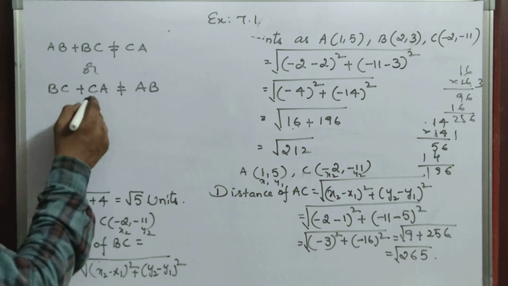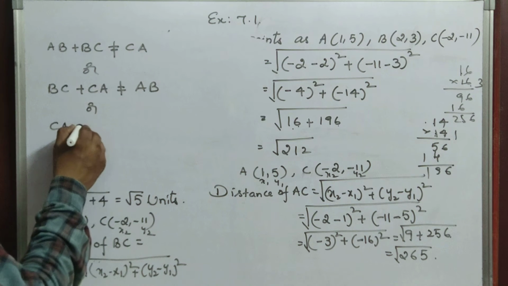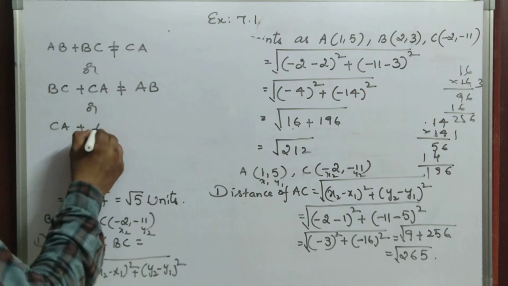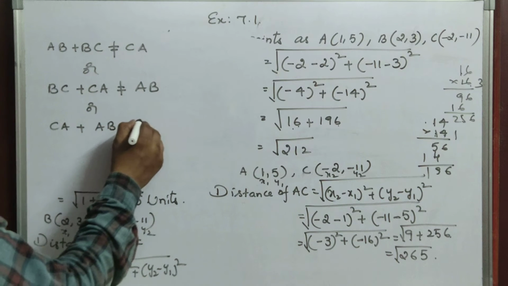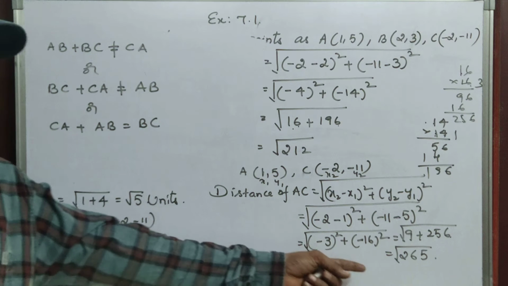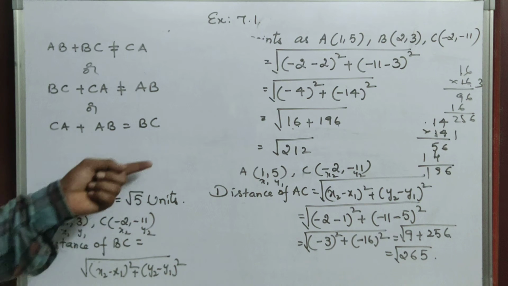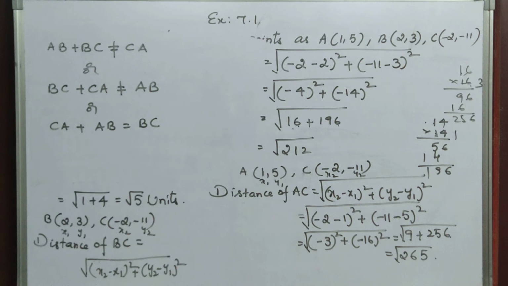Next, CA plus AB equals to BC. So you are checking this also. CA means AC, that is root 265. AB is root 5 and BC is root 212. Not equal.